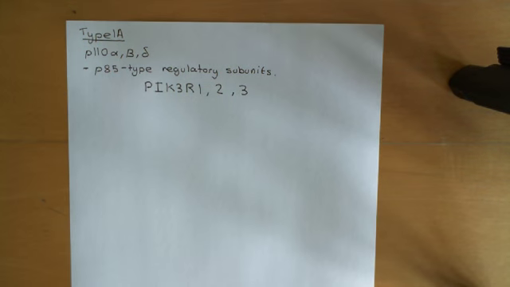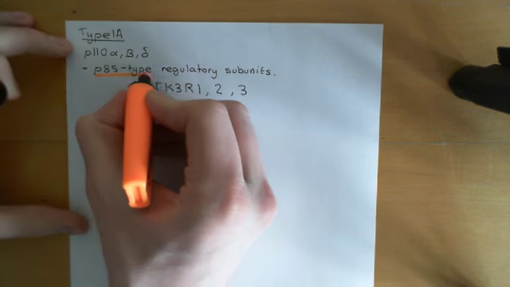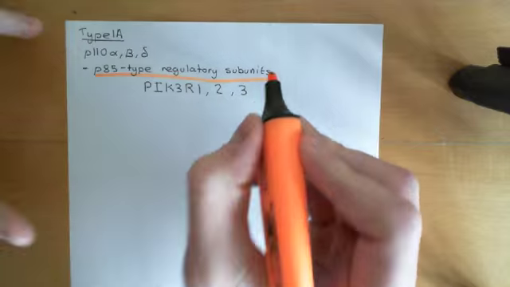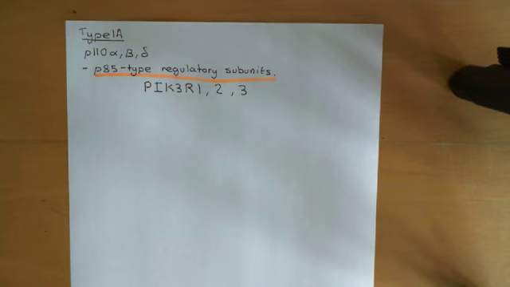So there are these 3 genes which code for P85 type regulatory subunits, which are the type of regulatory subunit that can be attached to P110 alpha, P110 beta, or P110 delta, which are the catalytic subunits in these type 1a PI3 kinases. Okay, right.